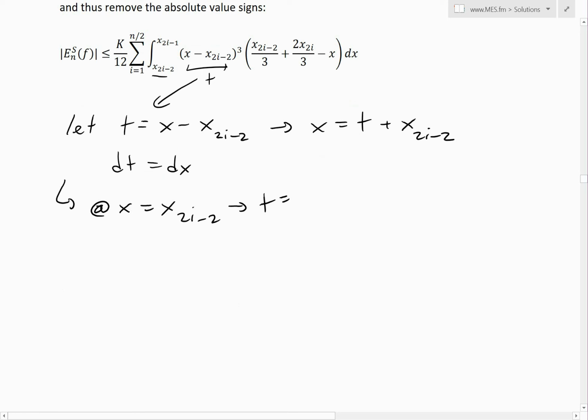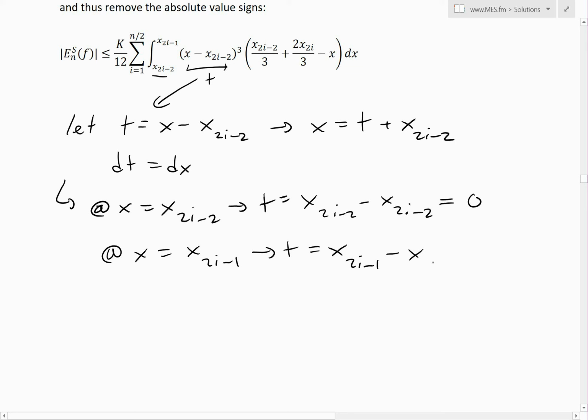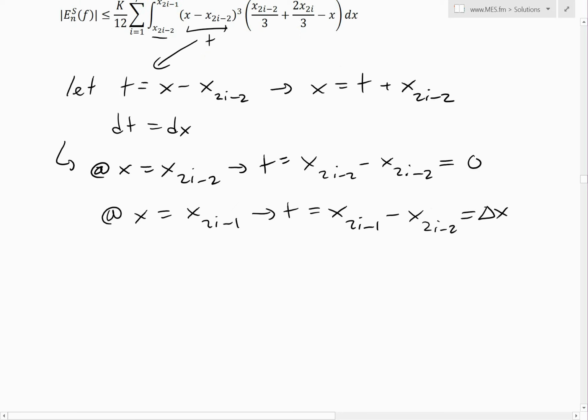That's just going to be 2i minus 2 minus x2i minus 2, which equals 0. And now at x equals 2i minus 1, we have t equals x2i minus 1, the midpoint, minus the left point. That's just the delta x, the distance of the subinterval. So that's just delta x.